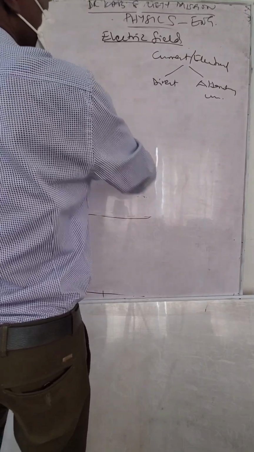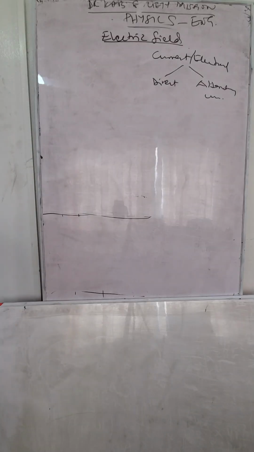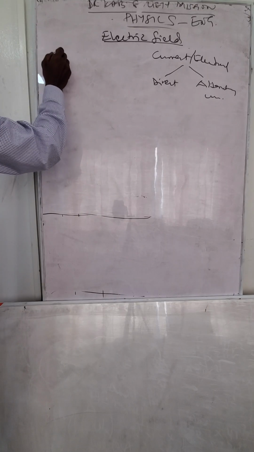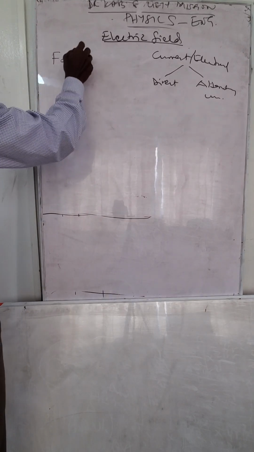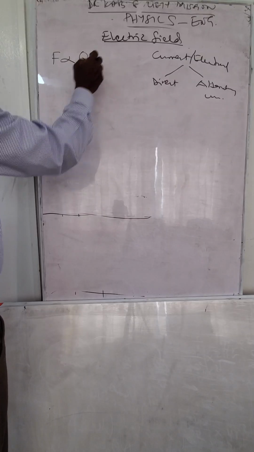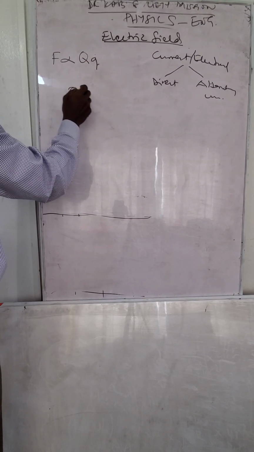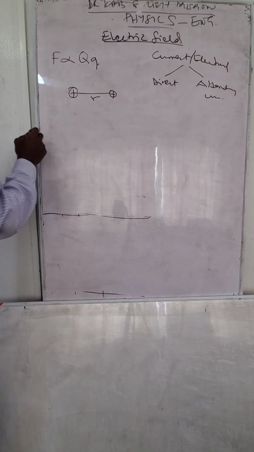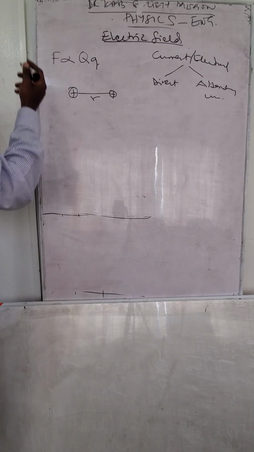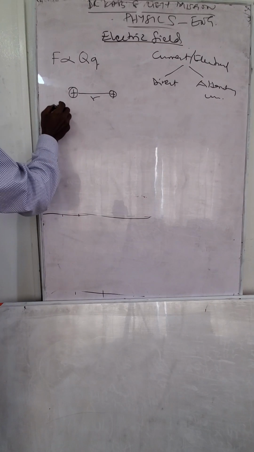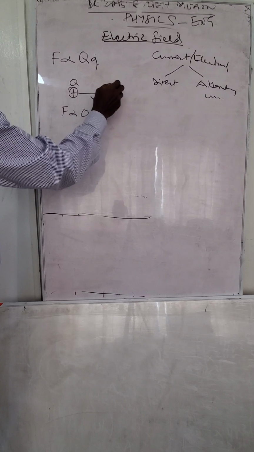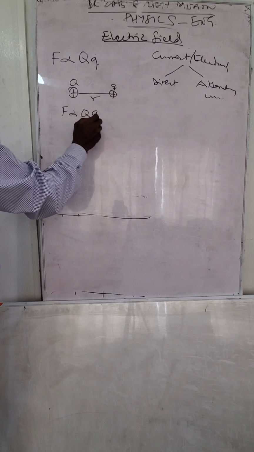Now let's look at a few calculations. We've already said by the definitions that force is proportional to the product of the charges. So let's say I have this body, and another body here, separated by R. According to the same principle like Newton said, the force will be proportional to the product of the charges.